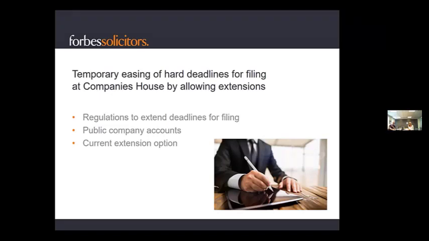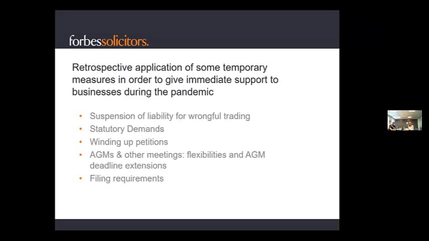We've talked about the retrospective application of some of the temporary measures. Now, whilst the bill has been going through Parliament, the various discussion stages, as we said, it was given royal assent at the end of last week and has been enforced from the 26th.